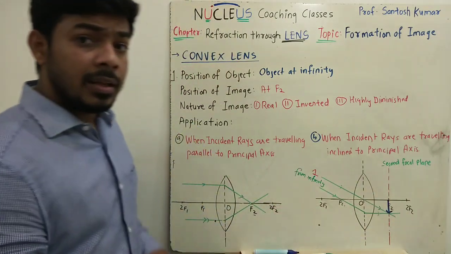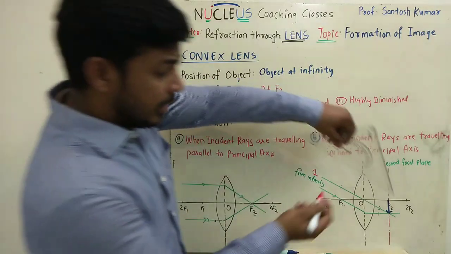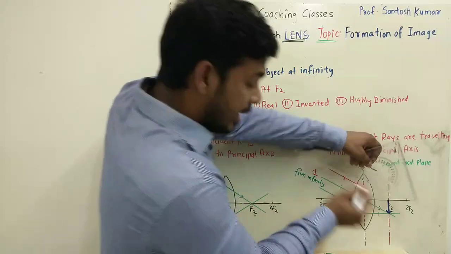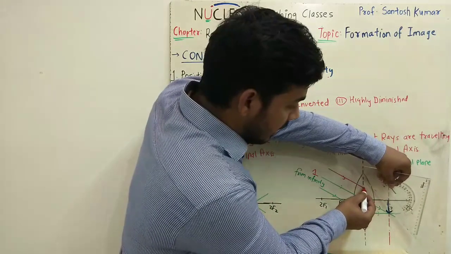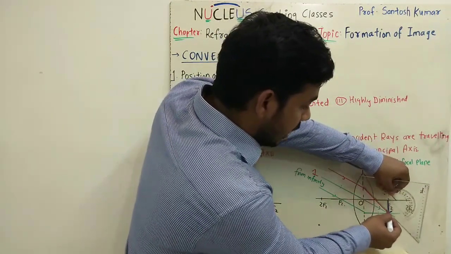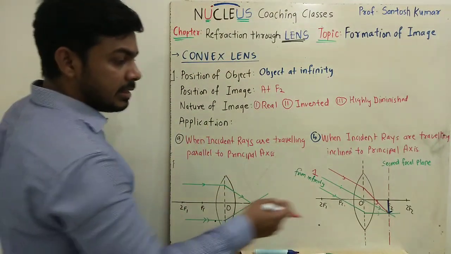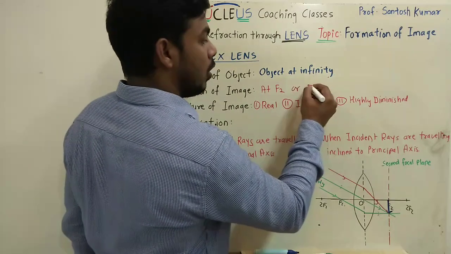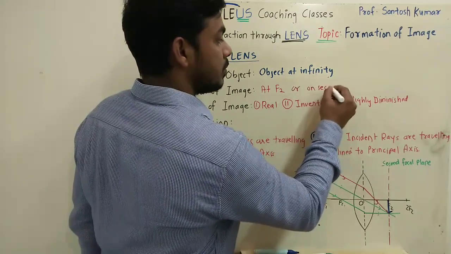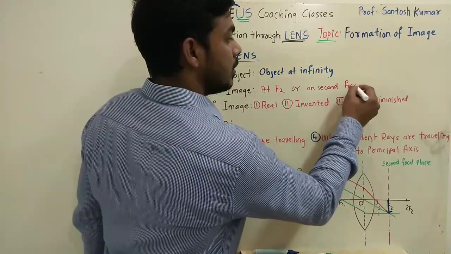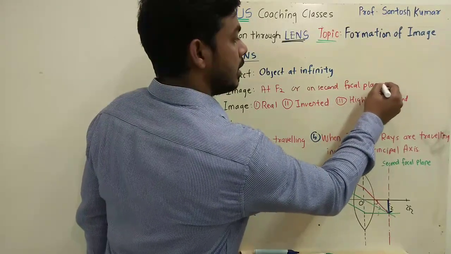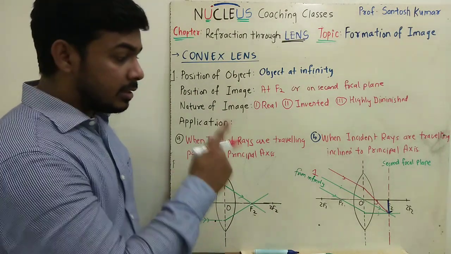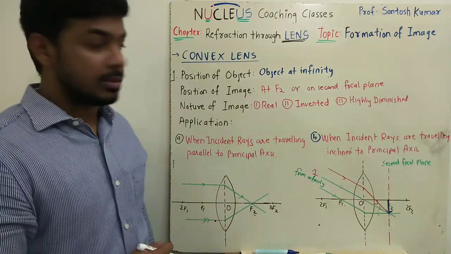If you are considering a third ray, you can consider a third ray which is parallel to these incident rays, and after refraction, by definition, it will pass through this point. So we can say the image is formed on the second focal plane. I can say at F2 or on the second focal plane. So you have to be very careful in constructing all these ray diagrams, right?